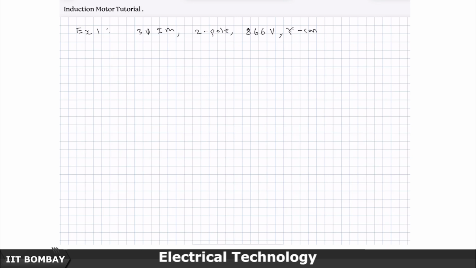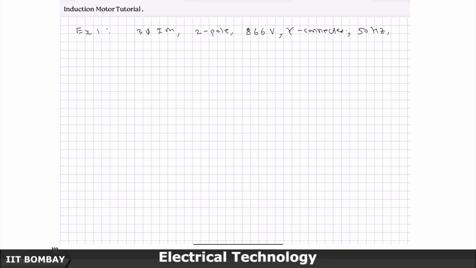So when you do 866 by root 3, it is actually 500 into 1.732, and you get a nice number, 500 volts, which is the per phase voltage. Let us take this motor at 50 hertz. We could take it at 60 hertz also; in fact, we can do both 50 hertz and 60 hertz if we feel like.